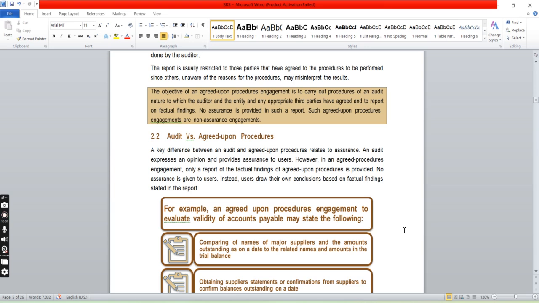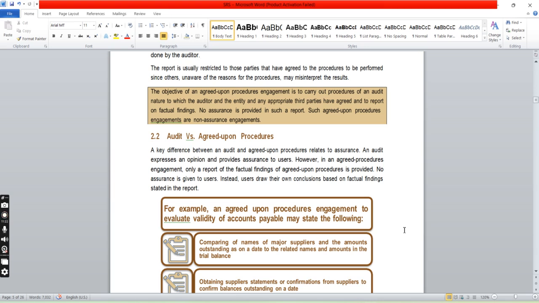However, in an agreed upon procedure engagement, you only issue a report of factual findings. No assurance is given to the user. Instead, the user draws their own conclusion based on the factual findings. So you will draft a report on factual findings where you do not draft any conclusion. The user will draw their own conclusion based on the facts stated in the report.